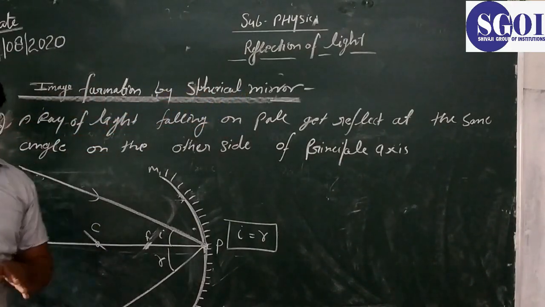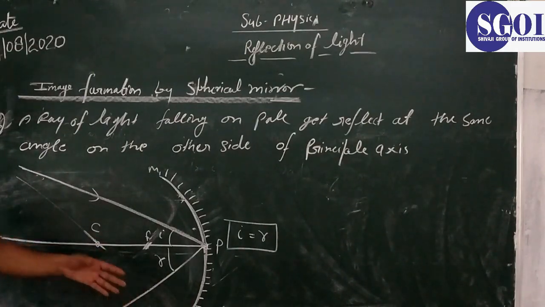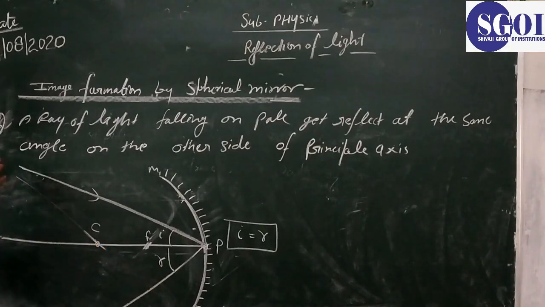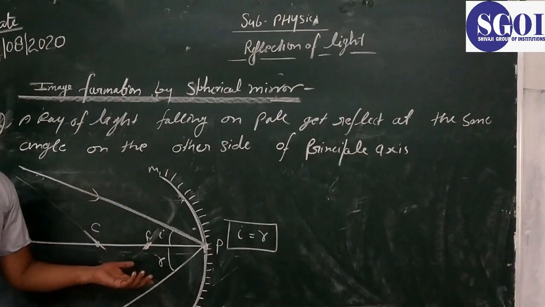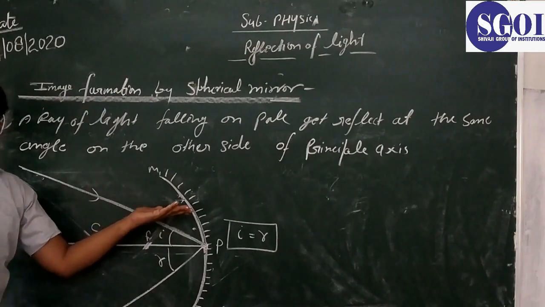Now, when a light ray passes through the center of curvature, it retraces its path after reflection. And when a light ray passes through the focus, after passing it is reflected parallel to the principal axis.